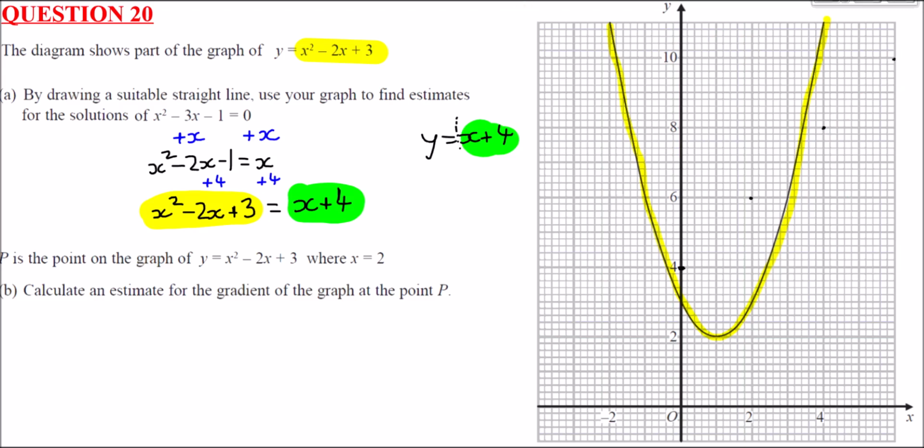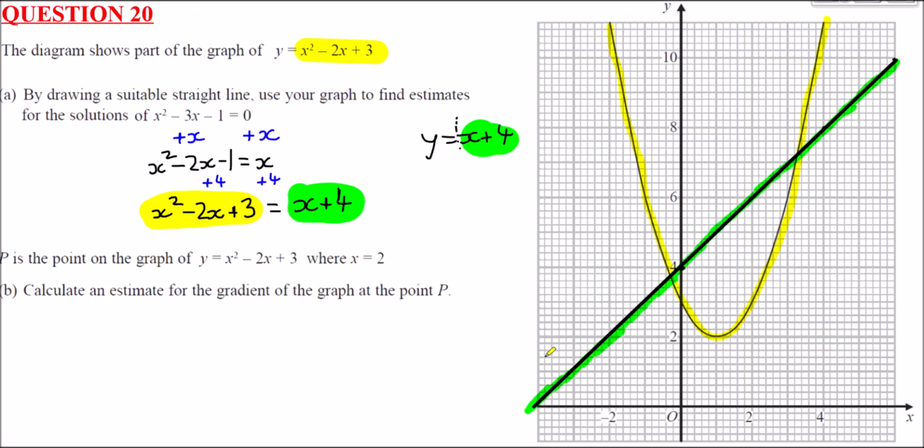And so the straight line y equals x plus 4 is going to be a straight line like this. And just to make it clear, I can highlight this in green, because I'm trying to find where the green hits the yellow. So that's the line we've got.